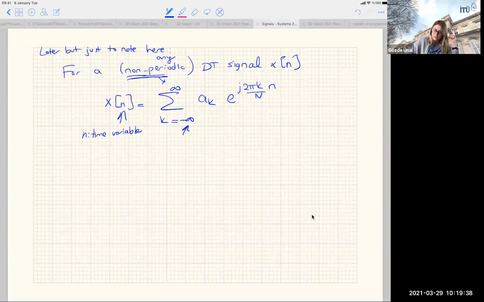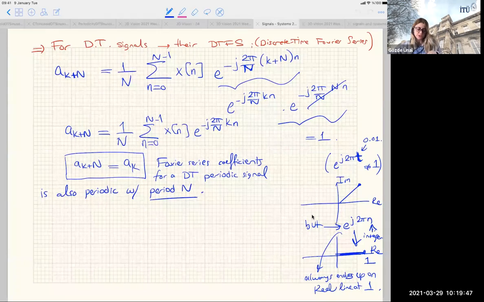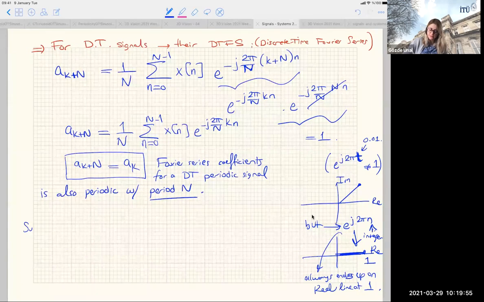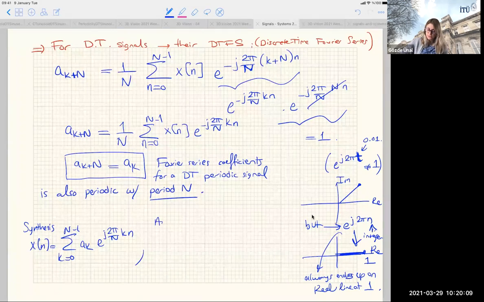And just note the infinity. So this ak will be, when we say they are equal to 1 over N, you see it was 1 over N here, right? So let's rewrite everything, maybe. Synthesis was x of n is sum of ak, and these were really finite, e to the j 2 pi over N kn, and then analysis was, just to repeat, 1 over N, sum n from 0 to N minus 1, x of n.